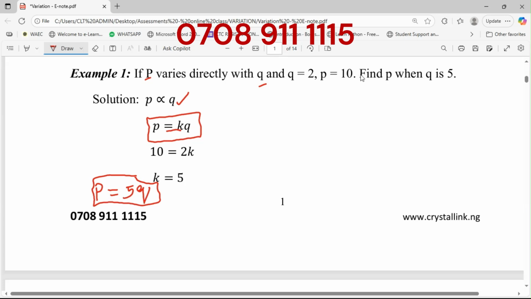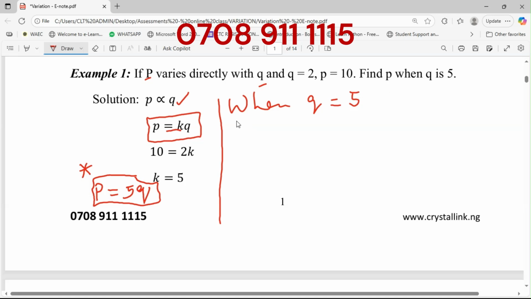So let's go back to answer the question. It says, find P when Q is equal to 5. So when Q equals 5, I go back to this equation. Every other thing you'll be solving, once you have established this equation, you'll be making use of this equation.